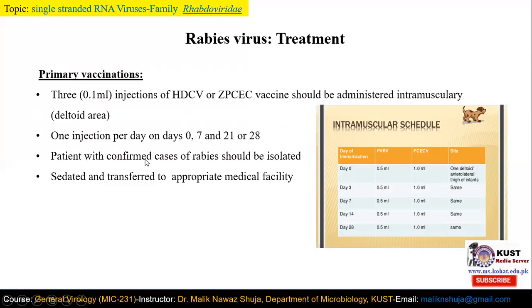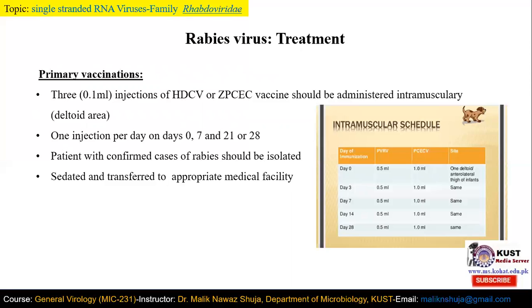The patient with confirmed cases of rabies should be isolated, and the best way is that a person with a positive rabies virus must visit the center or a proper hospital in the region.